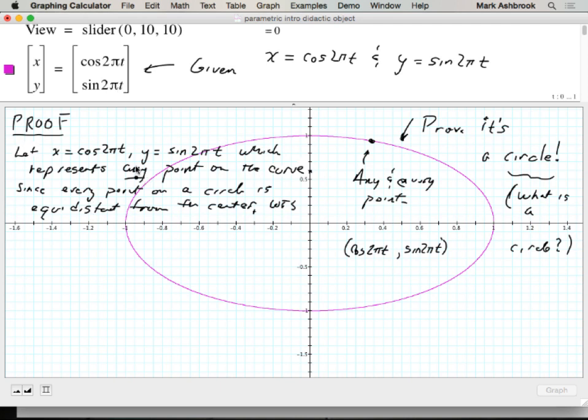Okay, so we want to show that the distance from 0, 0 to cosine 2 pi t, sine 2 pi t is always the same. We can just say 1 because we're showing it. Okay. Since every point in a circle is equidistant from the center, we want to show that distance from 0, 0 to x, y above is 1.